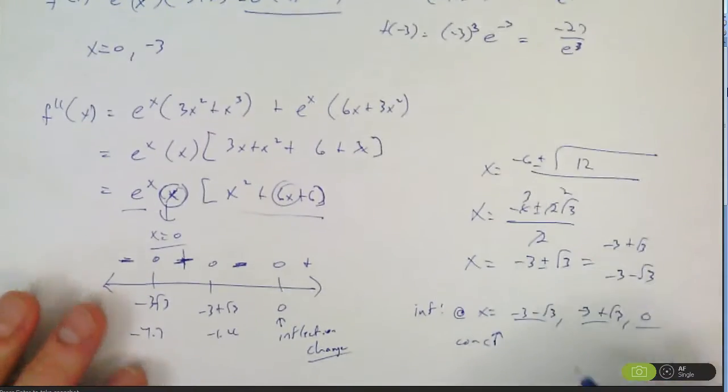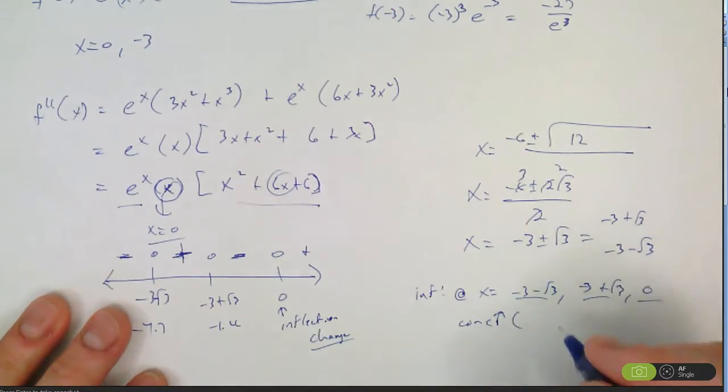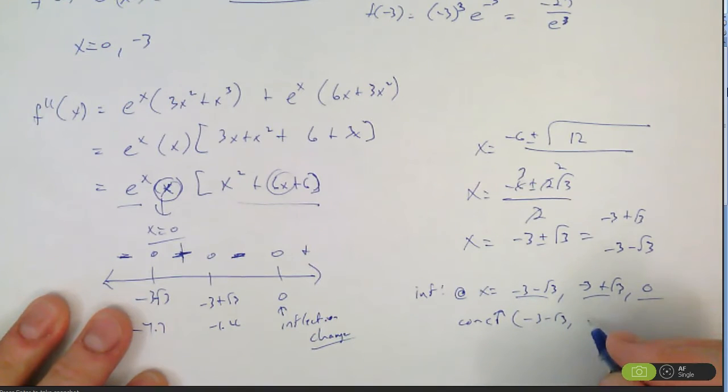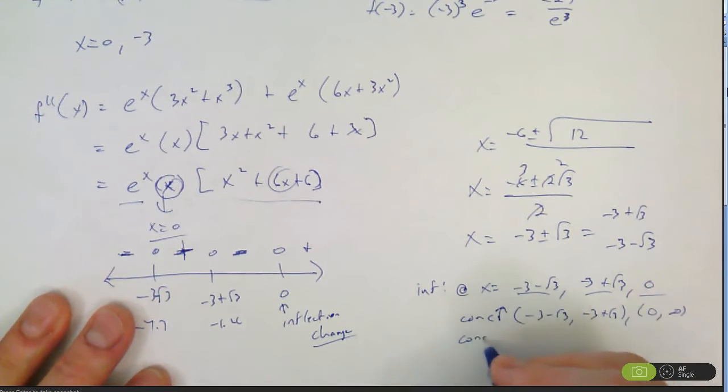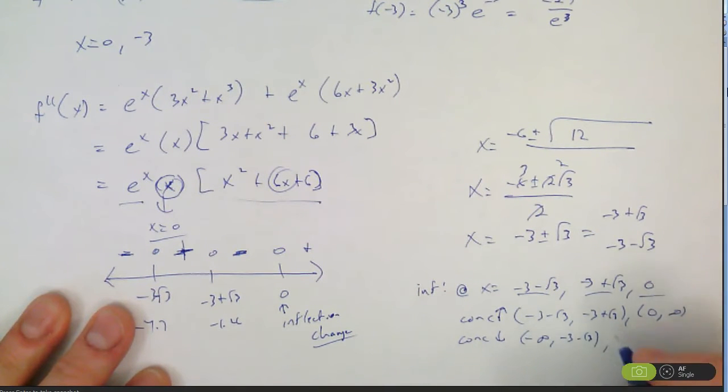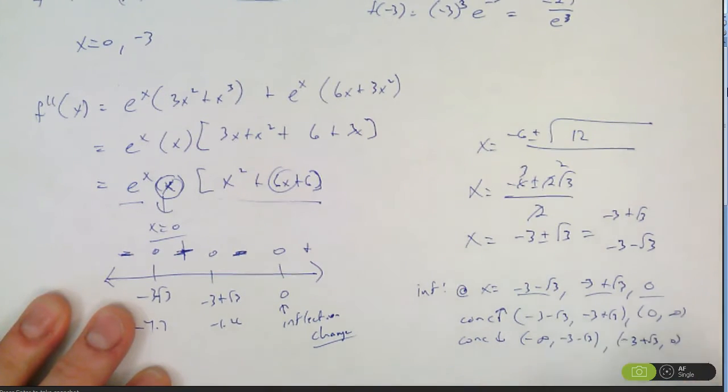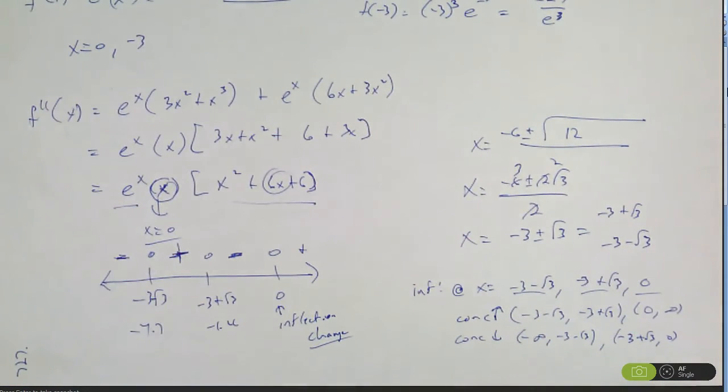I don't even care. Concave up from negative 3 minus root 3 to negative 3 plus root 3, and then from 0 to infinity. And then concave down from negative infinity to negative 3 minus root 3, and then from negative 3 plus root 3 to 0. Okay. So there we go.